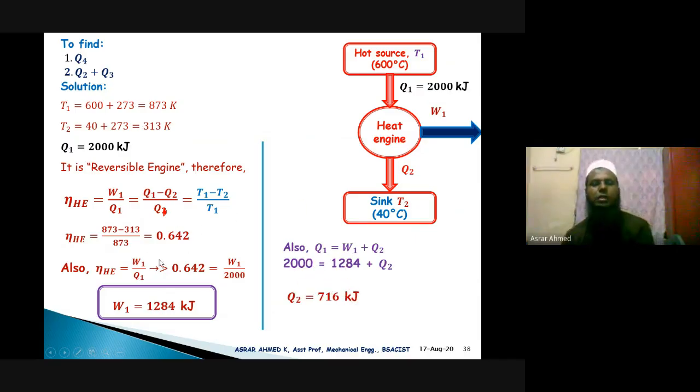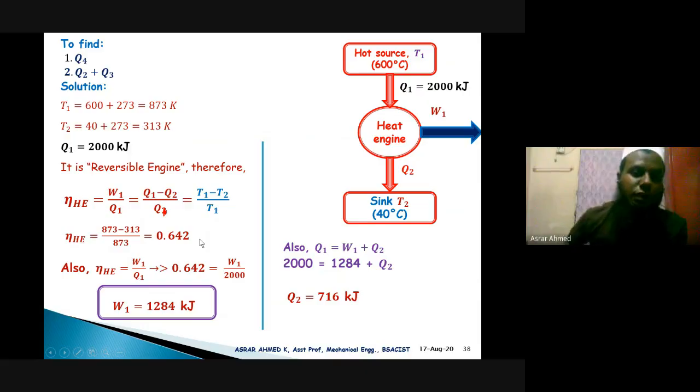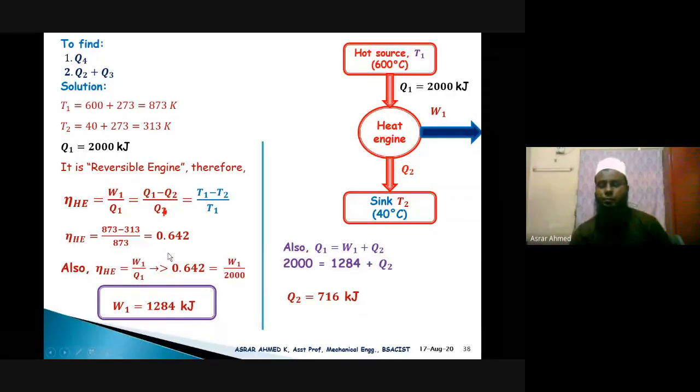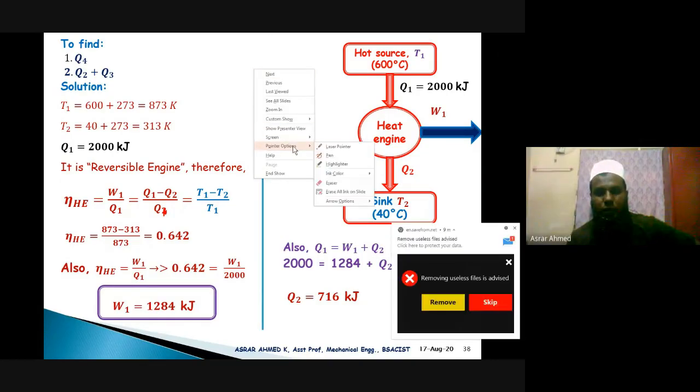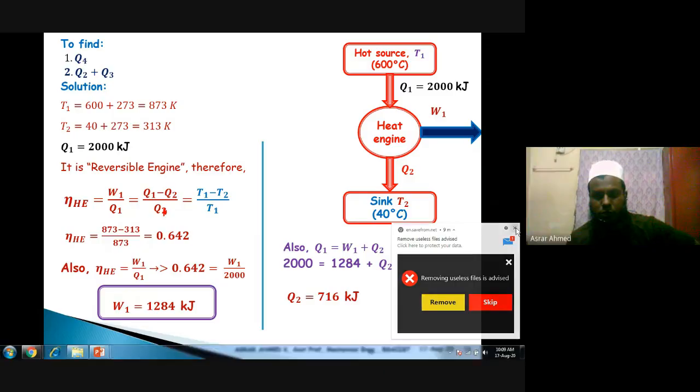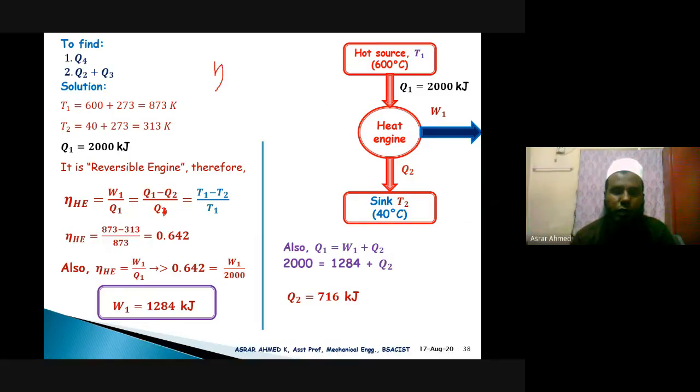What is the second question? So what we have found out here, 0.642 or 64.2, is the ideal efficiency or theoretical efficiency, because we have used the reversible engine concept, or we have used the Carnot formula to find out the efficiency of the heat engine. Now in the second part, if you have any actual heat engine, say for example your efficiency of the actual is only 40% of efficiency of the ideal.